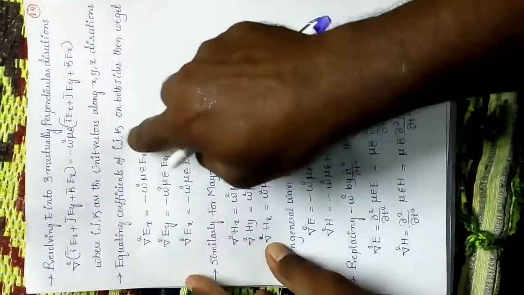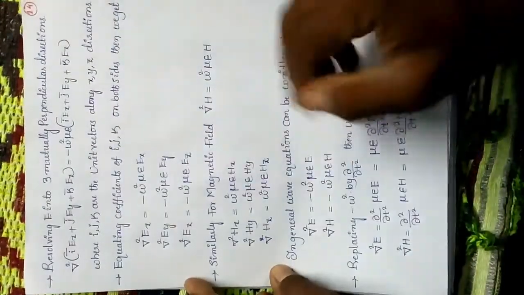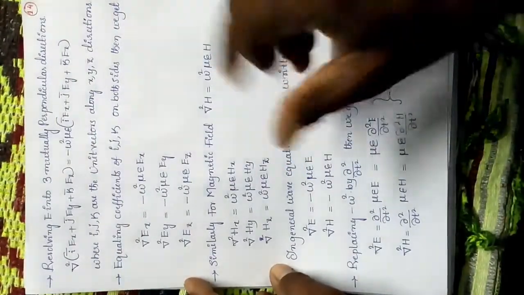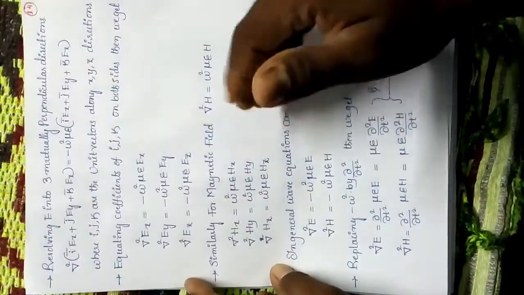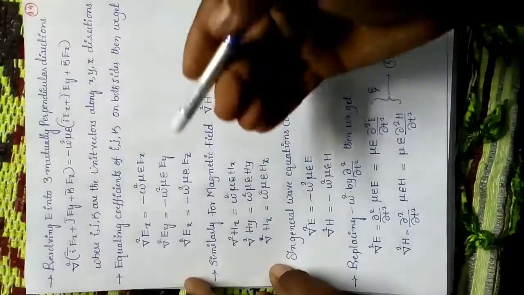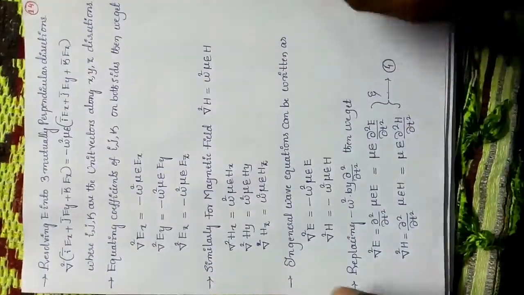Similar to this manner, I am writing the magnetic field also. How to write magnetic field? Just in place of Ex, you write Hx. Wherever Ey is there, just write Hy. Wherever Ez is there, just write Hz. That's it. That is the simple difference between Ex and Hx. Just see how to write.